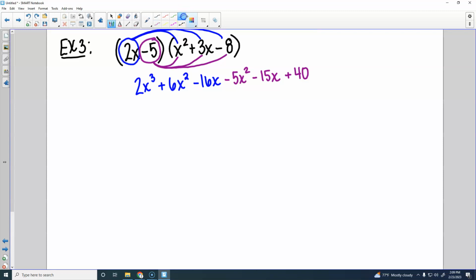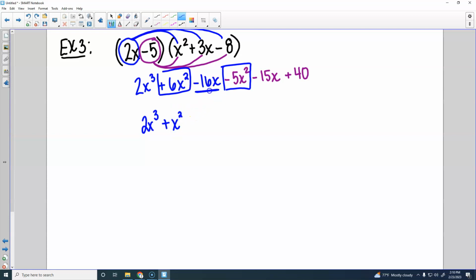And then most of the time whenever you do this, you're going to have some like terms. So you've got this positive 6x squared and this negative 5x squared. Now I'm going to go ahead and write the 2x cubed first. Then you'll have a positive x squared.